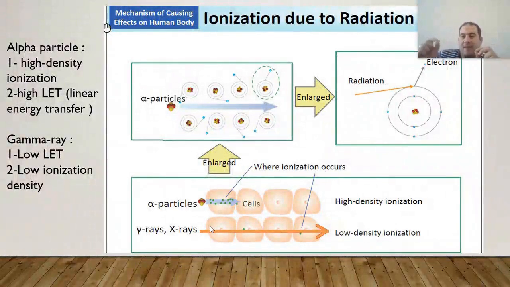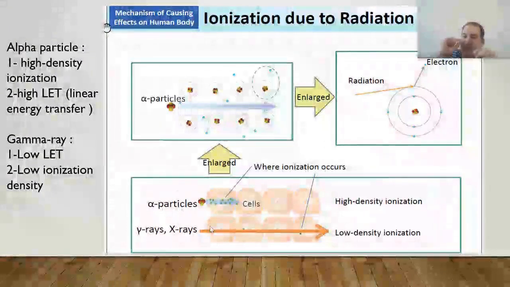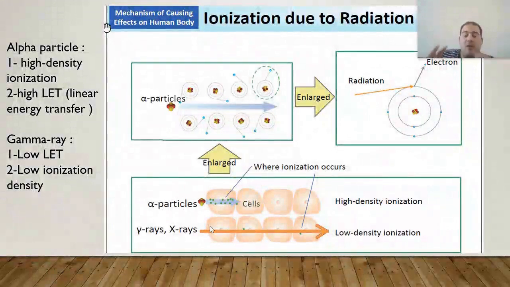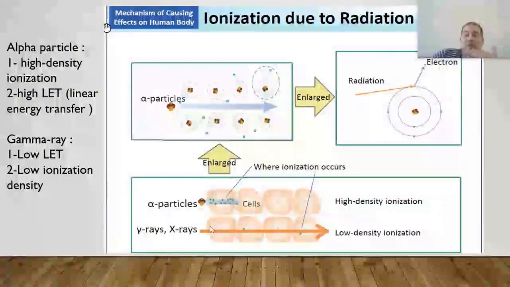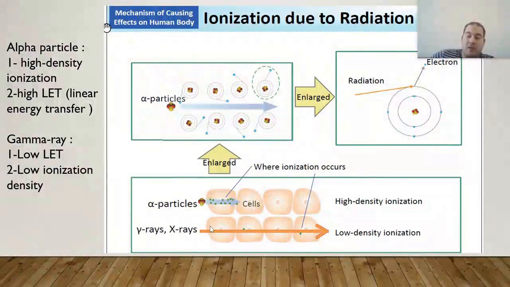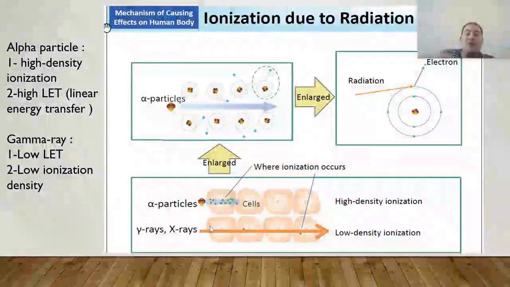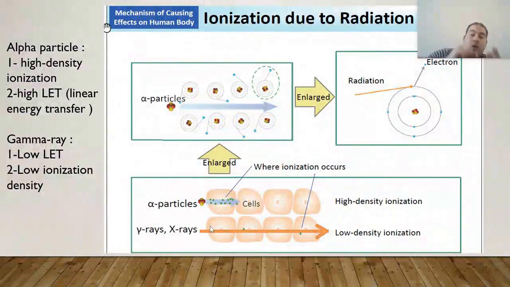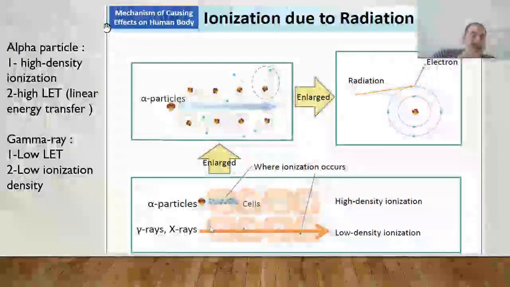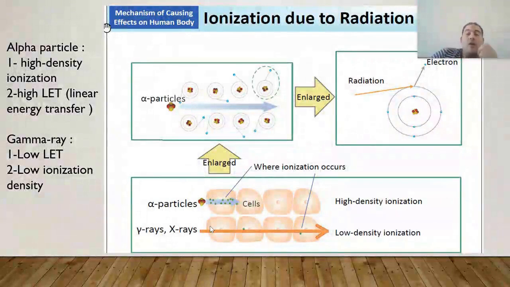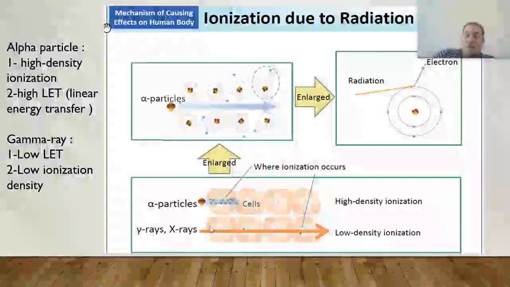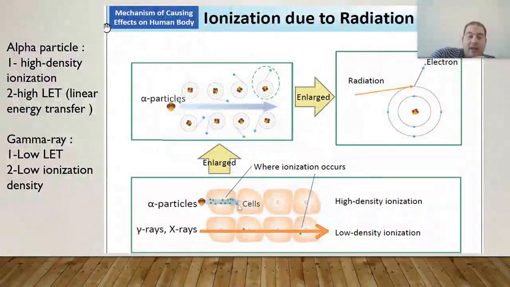That's why X-rays and gamma rays are considered to have high penetration power, while alpha particles, being high-density particles, cause a large amount of ionization that is localized, meaning in the specific area they are in. In contrast, X-rays and gamma rays have low linear energy transfer and low ionization density, while alpha particles have high density ionization and high linear energy transfer. So the interaction of alpha particles here is significant due to their high density ionization and high linear energy transfer.